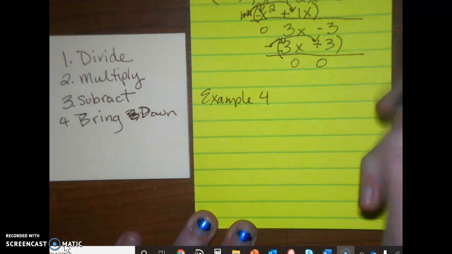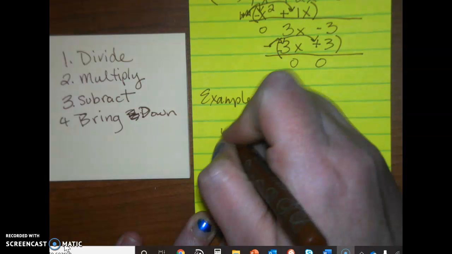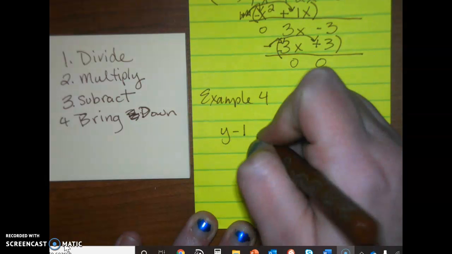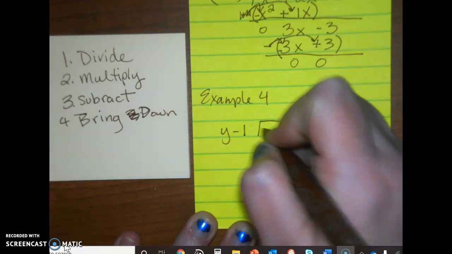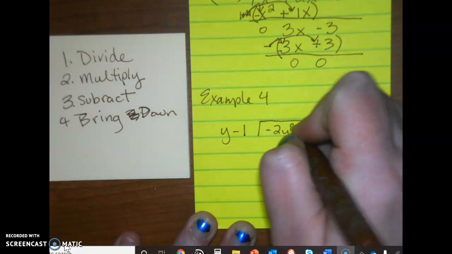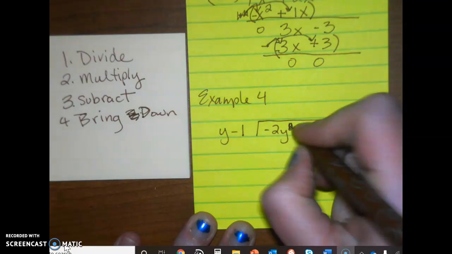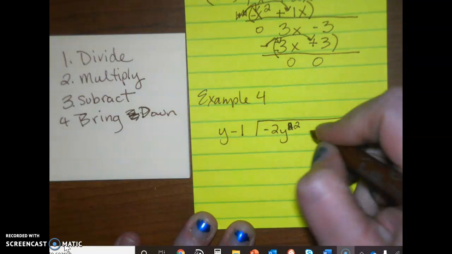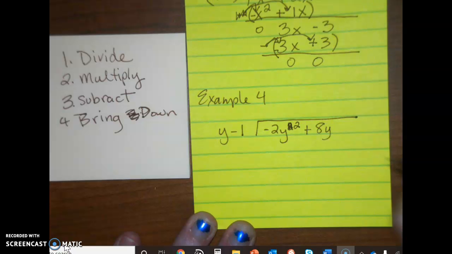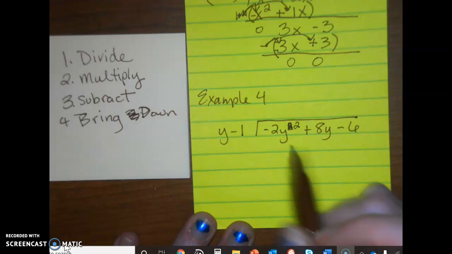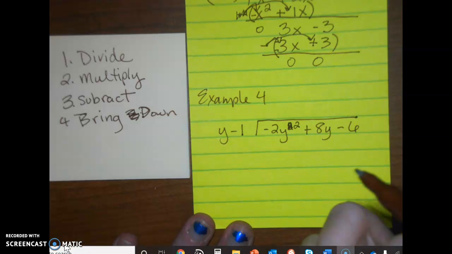Example 4 says y minus 1 going into negative 2y squared, oh goodness gracious, not the 8th power, it's just squared, plus 8y minus 6. Okay, so the same process again.